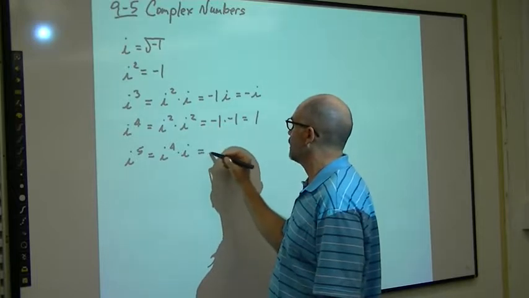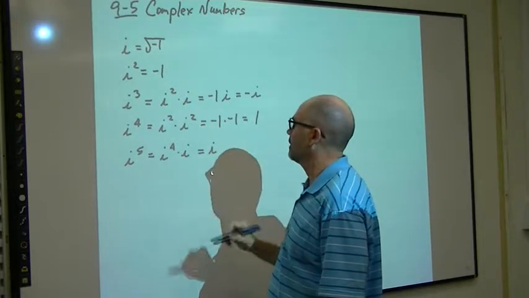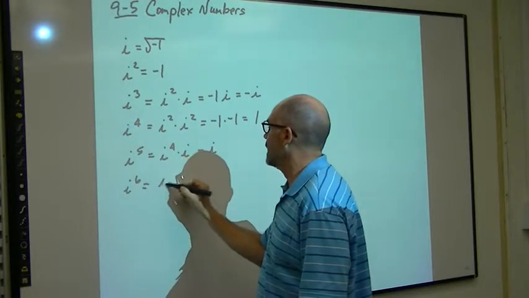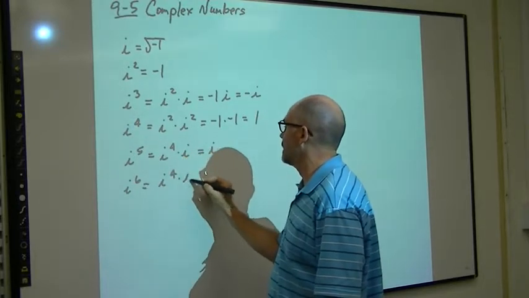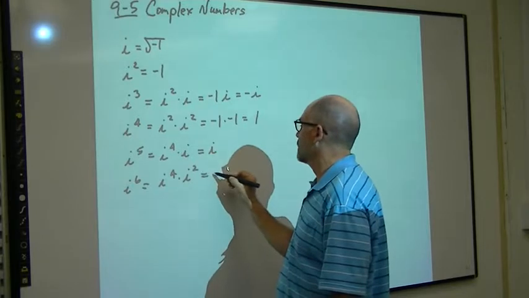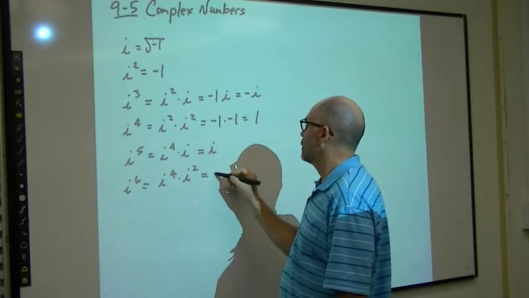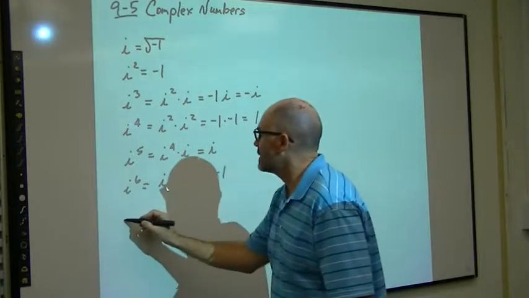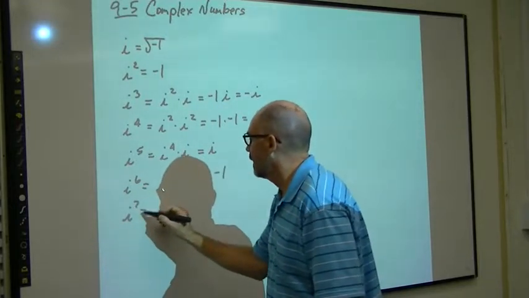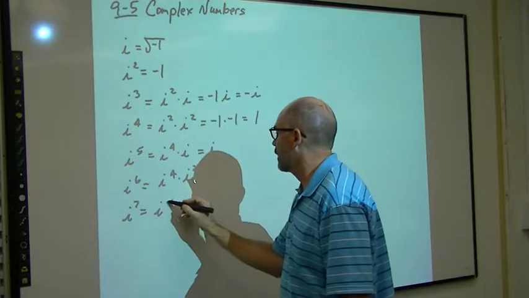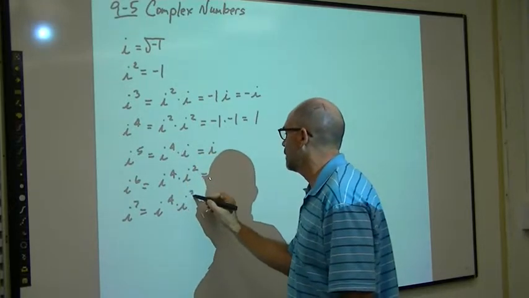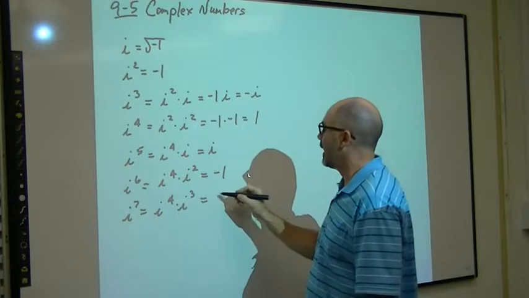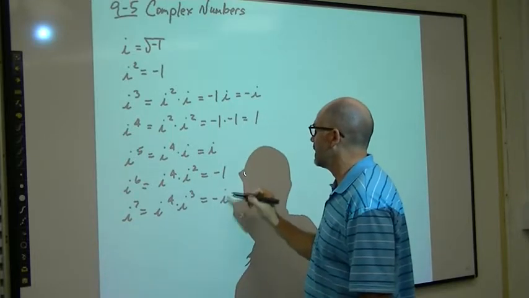So i to the fifth just equals i. i to the sixth equals i to the fourth times i squared, which equals 1 times -1, which equals -1. Then i to the seventh is i to the fourth times i cubed, which is 1 times -i. So i to the seventh is going to be -i.